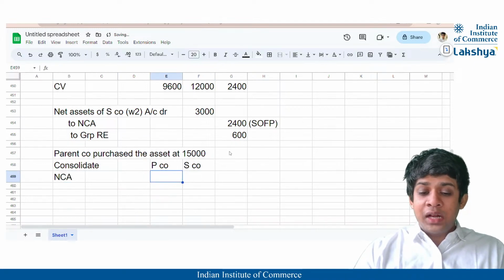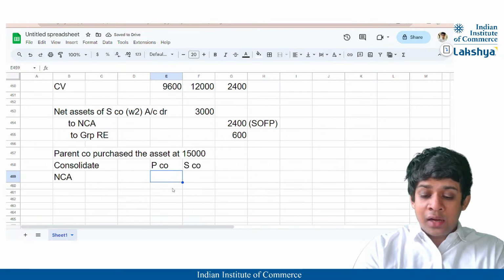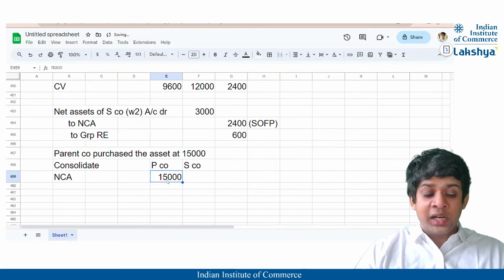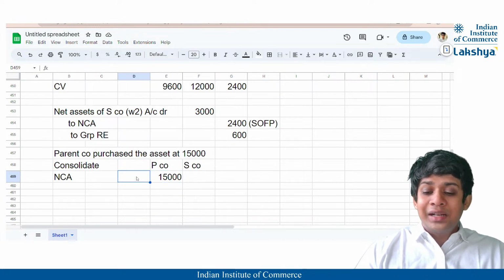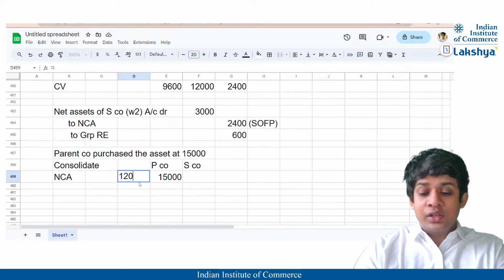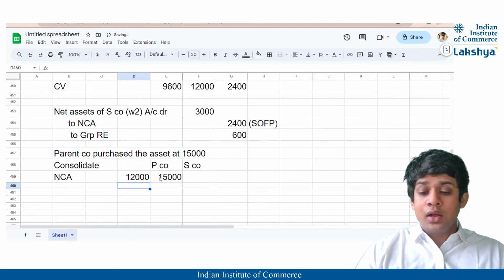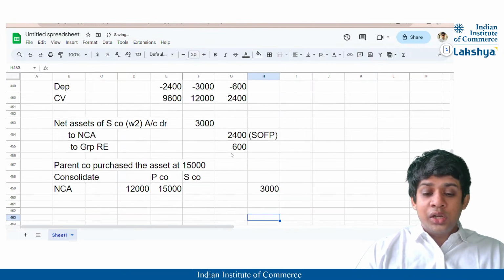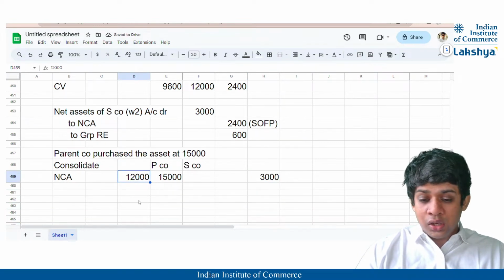The parent company will have stated its non-current asset at 15,000, correct? Because they purchased it from the subsidiary company at 15,000. But actually it should have been not 15,000. It should have been 12,000, which is the original cost, right? So that means we have to reduce our non-current assets by 3,000, isn't it?